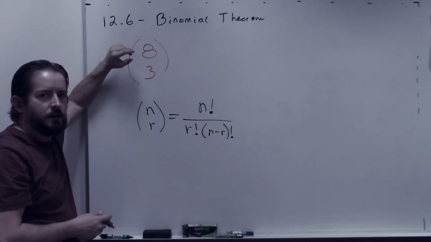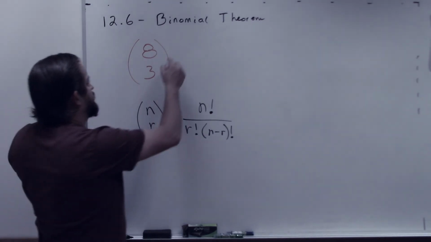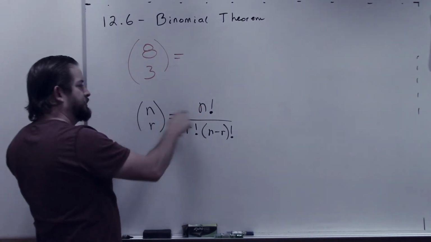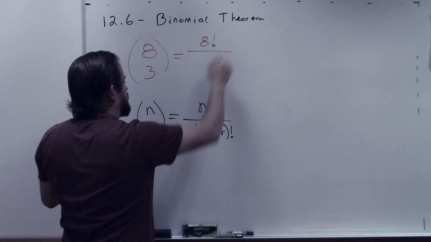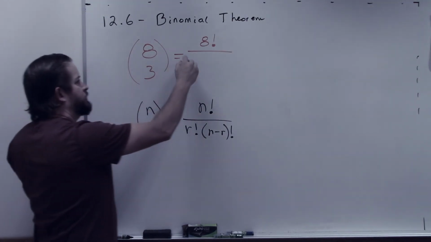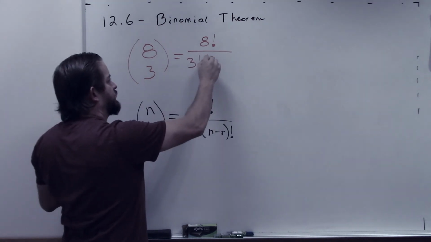How many ways are there to make that kind of sandwich? And so I would just take the top 8 factorial, because the top gets factorialized. The bottom factorial, so 3 factorial. And then the difference, 8 minus 3 factorial.